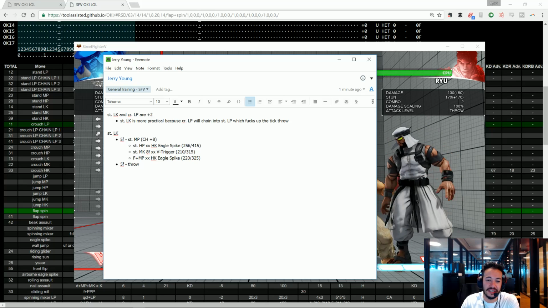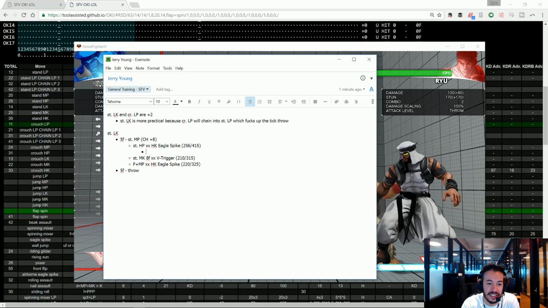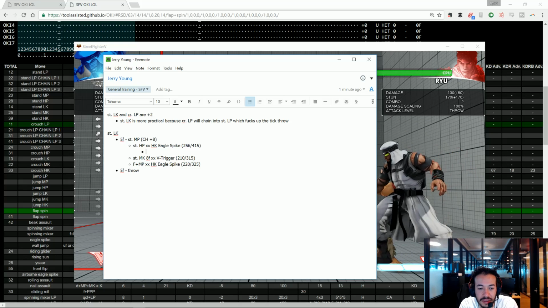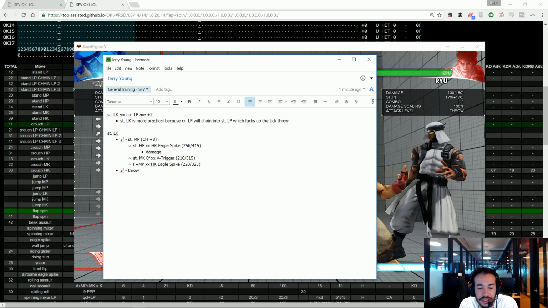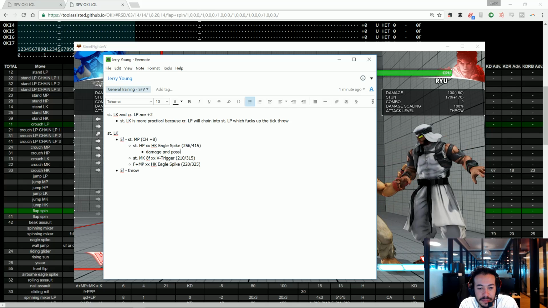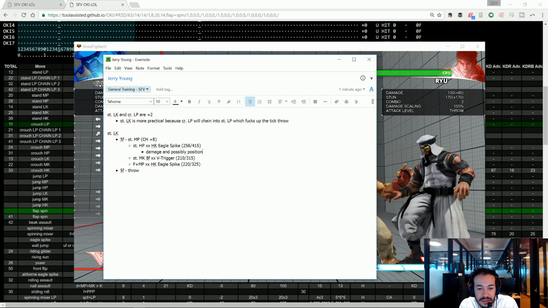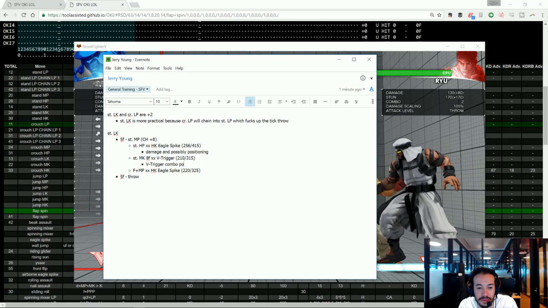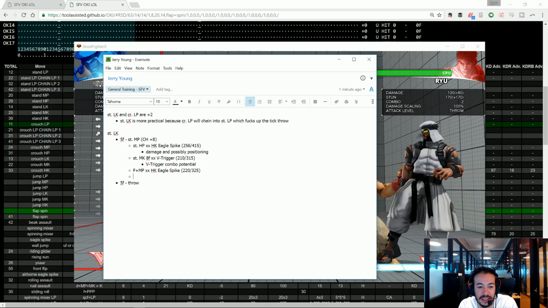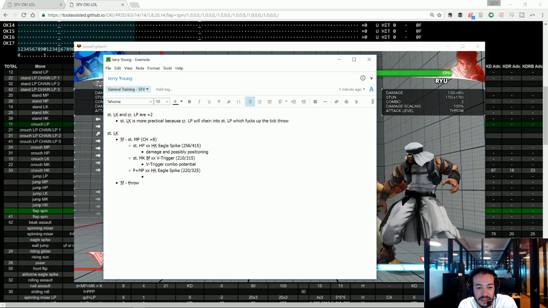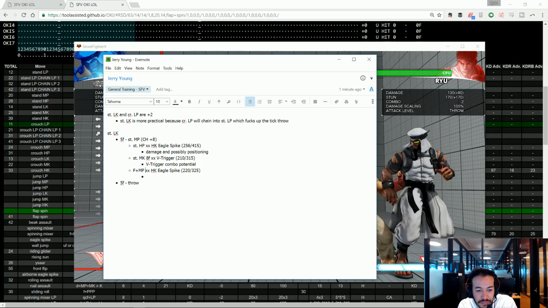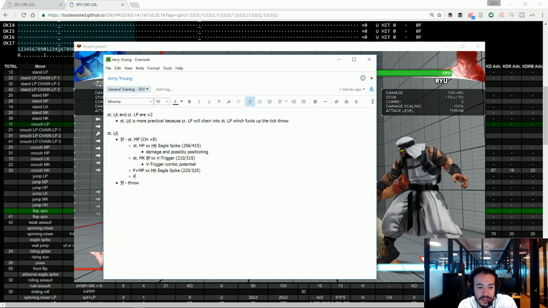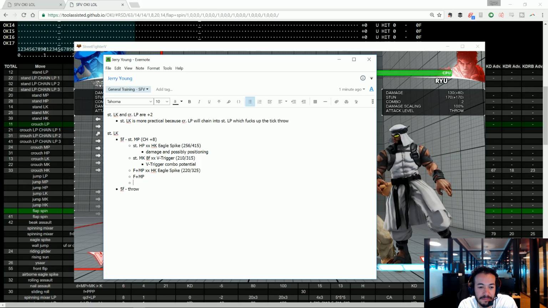Okay, so then what I would do is make a note for what each one is good for. So this is good for damage and possibly positioning. This one is good for V-trigger combo potential, and this one is just forward medium punch.